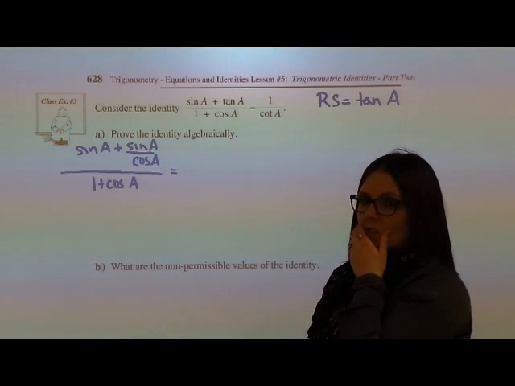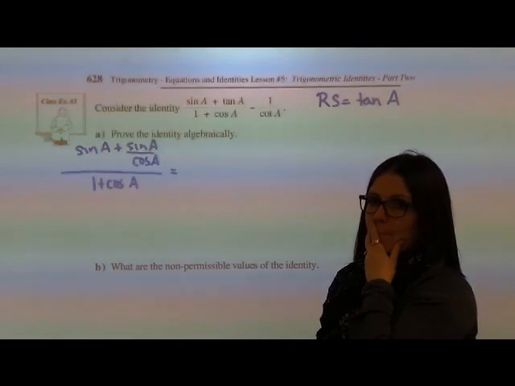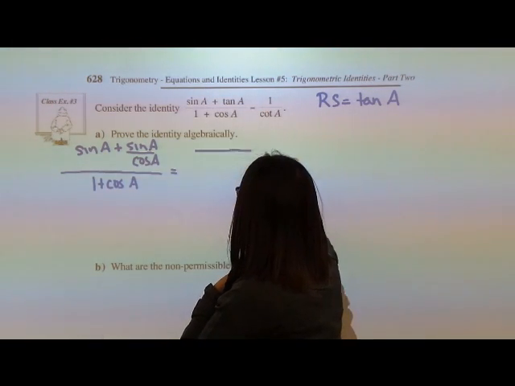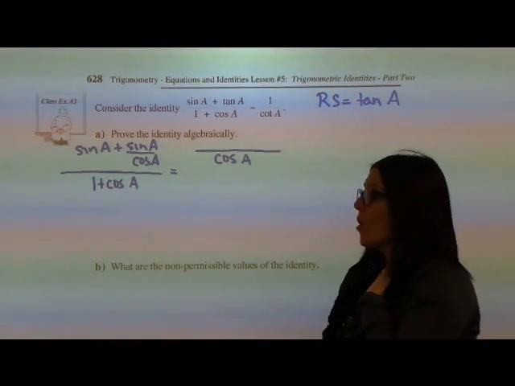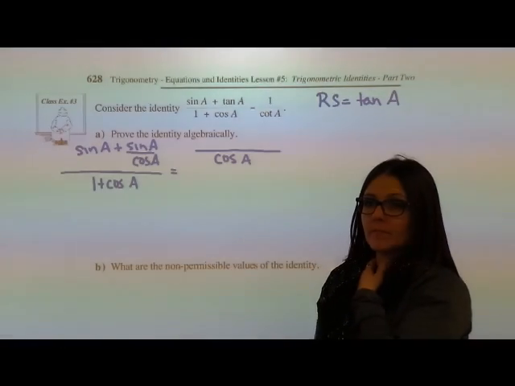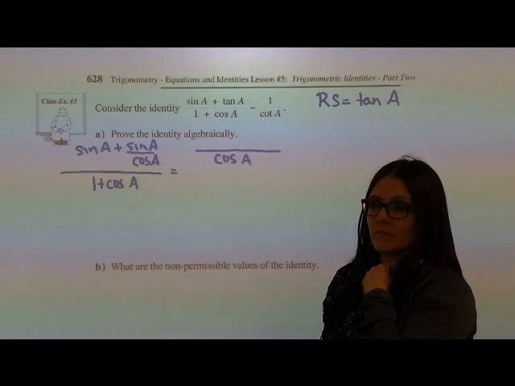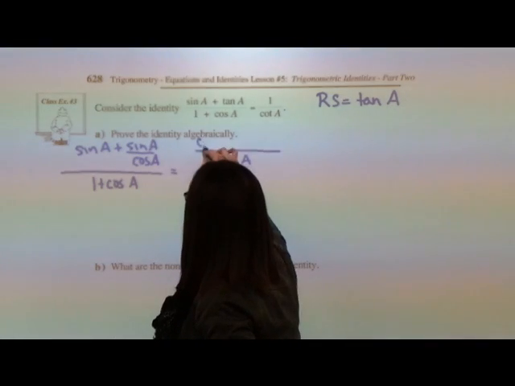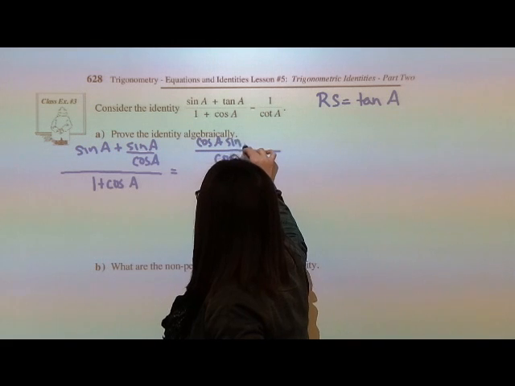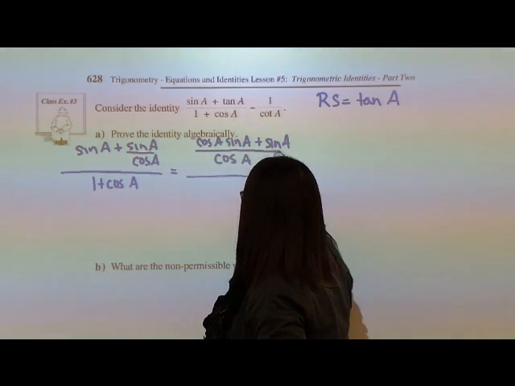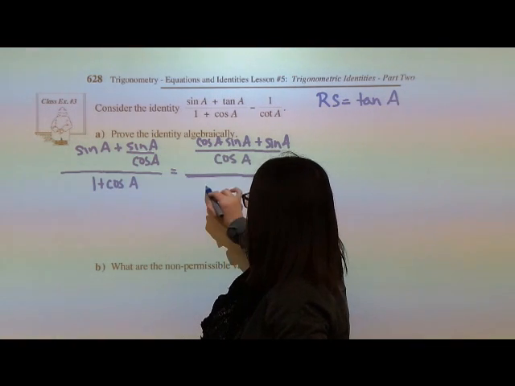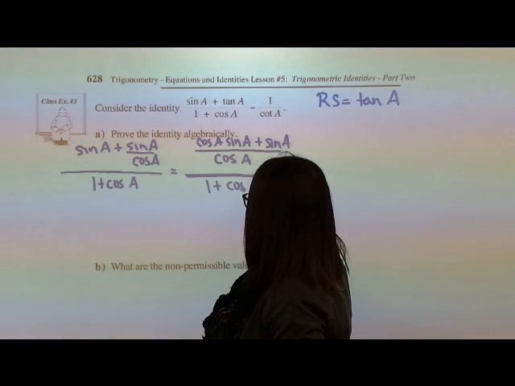What would be my common denominator? Cos A. So if I write everything over cos A, what do I have to multiply sine A by? Cos A. So I get cos A sine A plus sine A on the top. And I have this 1 plus cos A as my original denominator.